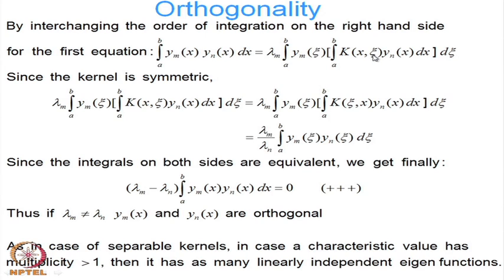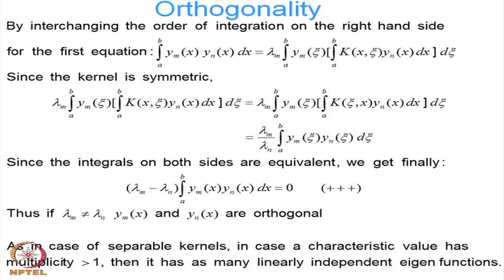If the kernel is symmetric, then k of x xi is equal to k of xi x, otherwise not. But we have assumed that our kernel is symmetric. So, we can write k of x xi is equal to k of xi x, because the function k is a symmetric function of xi and x. That is why I can interchange xi and x. If k were not a symmetric function of xi and x, I could not do that.